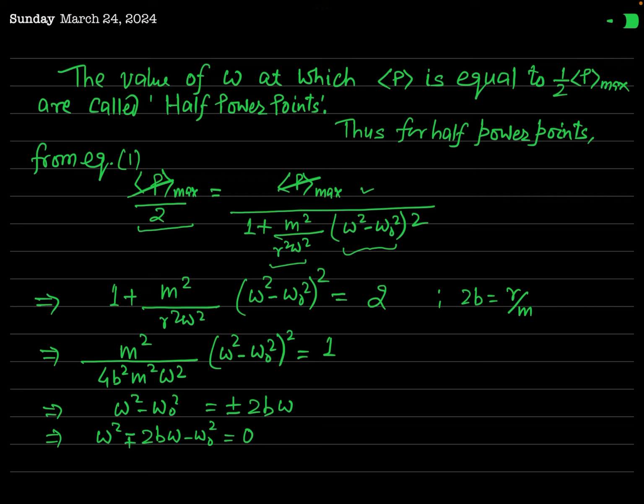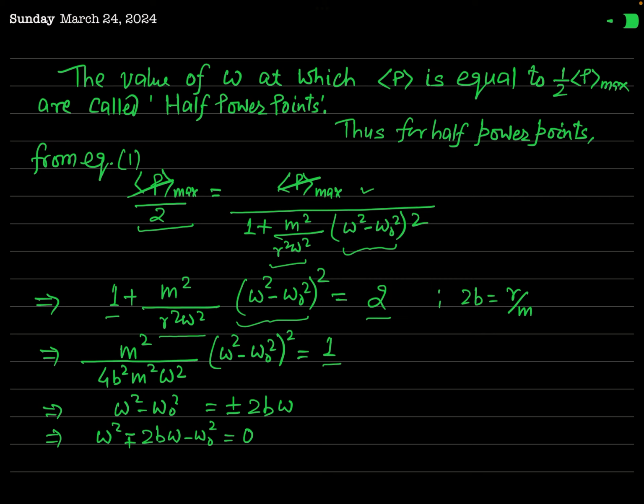Now let us make the cross multiplication, and after that you will get 1 plus m square over r square omega square times omega square minus omega naught square, whole square, equal to 2. Now when you bring this 1 to the right-hand side, that will be 2 minus 1, equal to 1.